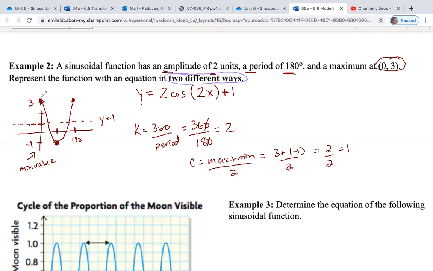If I have this starting point here and I was to shift it to the right 180 degrees and instead have it starting here, come down and come back up, with a period of 180, now the graph would look the same, right? Or the same if I shifted it left and instead it started there.